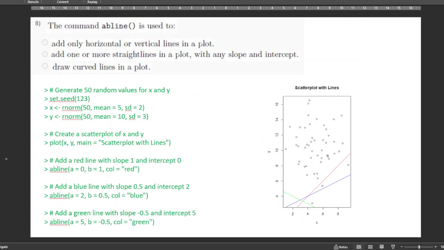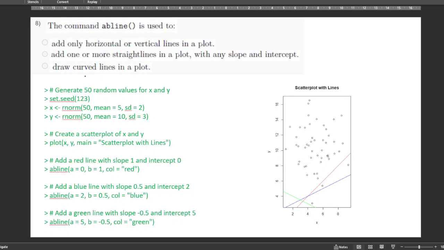Going to the eighth question. The command abline is used to draw multiple straight lines in the plot. To draw a straight line, we use abline, but here we have to give the slope and intercept as input.